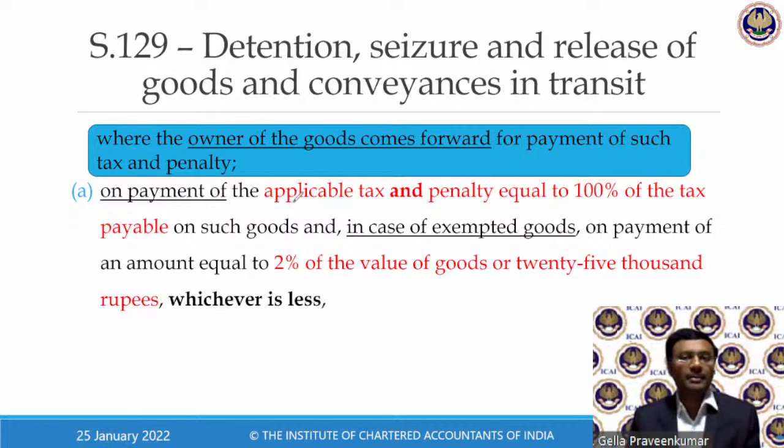Payment of applicable tax and penalty equivalent to 100% of the tax payable on such goods, where goods are taxable. So if the goods are taxable, I pay applicable tax and a penalty equivalent to 100% of the tax. If the goods are exempted, 2% of the value of the goods or 25,000 rupees.